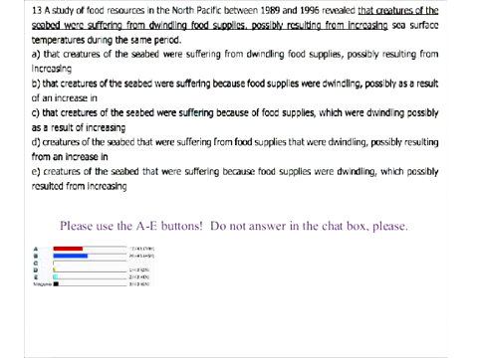It's actually not a modifier in this case, this is a clause, but let's talk about this clause starting with that: that creatures of a seabed were suffering versus creatures that were suffering. Let's have a little chat about that.